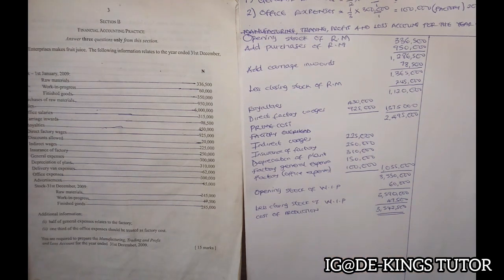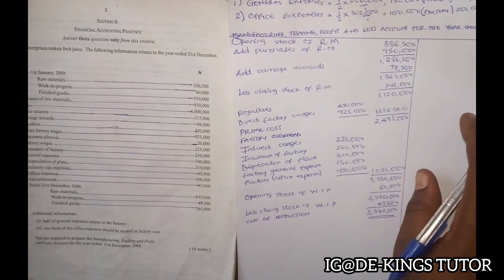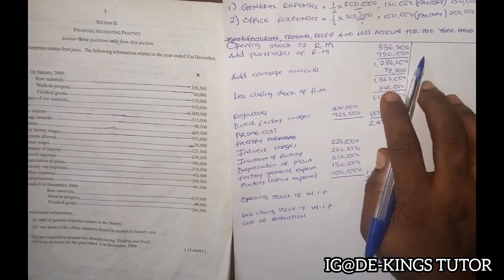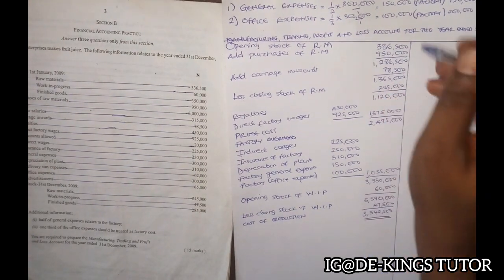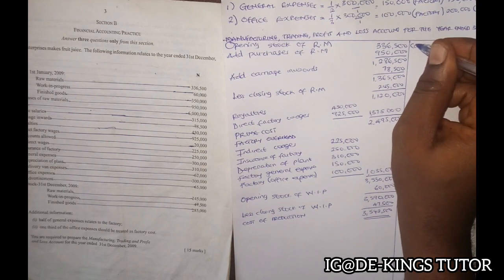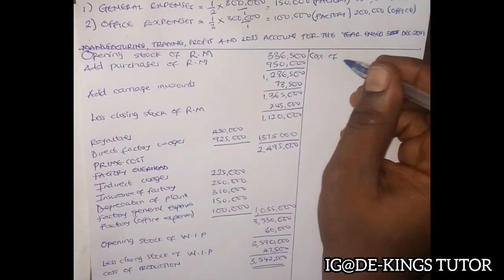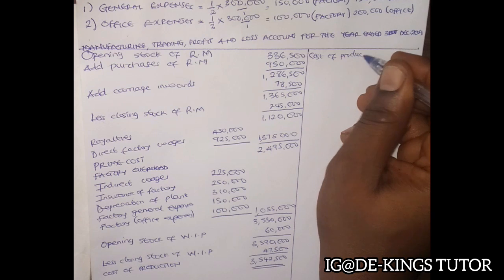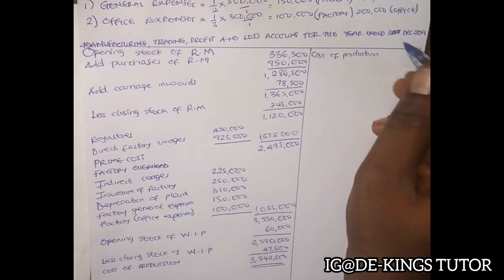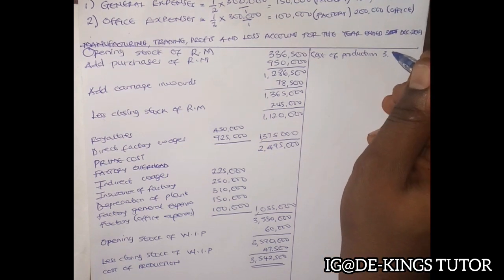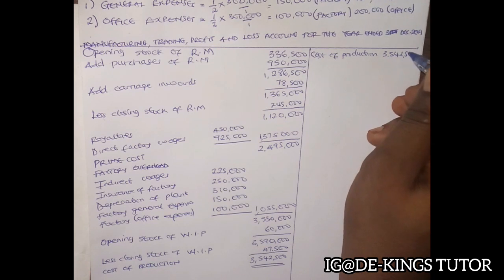Cost of production. So it is this amount that will be sent to this other side as the cost of production. So right here, the cost of production, 3,542,500.